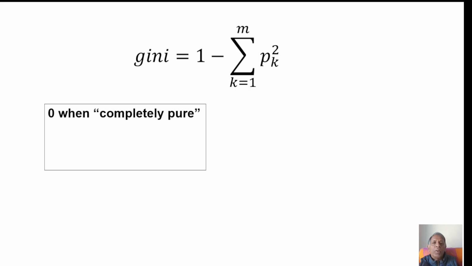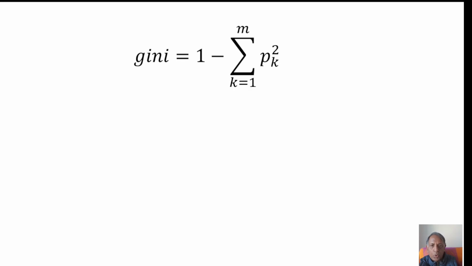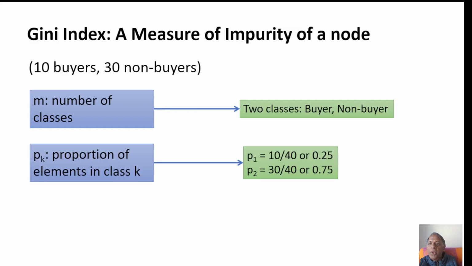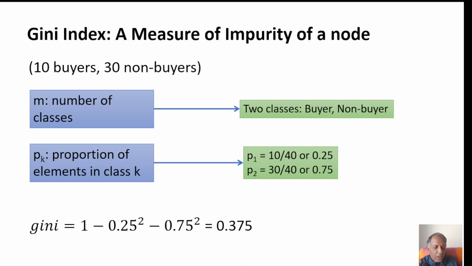When the node is completely pure, which means P1 is 1 and P2 is 0, when all the cases are of one class. For example, if instead of 10 buyers and 30 non-buyers, it was 40 buyers, 0 non-buyers, that's a completely pure case, which means that P1 is 1, P2 is 0.